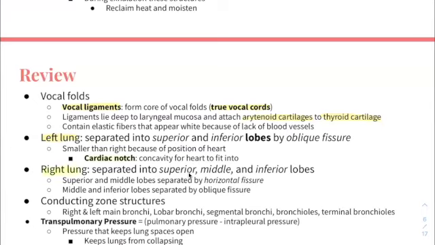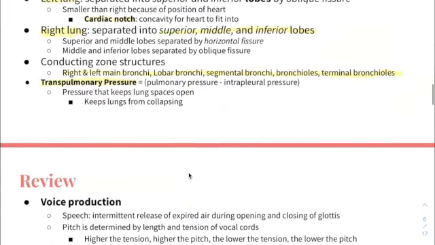That right lung has a superior, middle, and inferior lobe, which has a horizontal fissure and an oblique fissure. We have a right and left main bronchi that go to lobar bronchi, segmental bronchi, bronchioles, terminal bronchioles, which feed into the alveoli. That transpulmonary pressure is what keeps those air spaces open and keeps those lungs from collapsing.